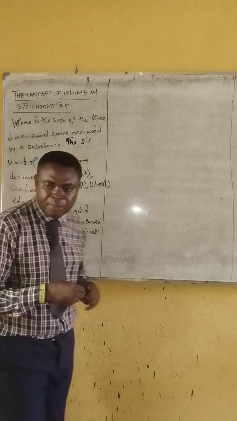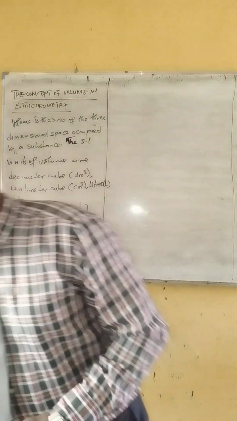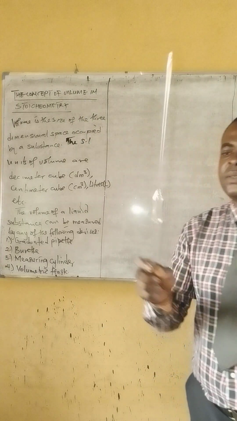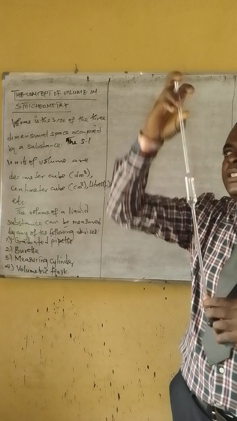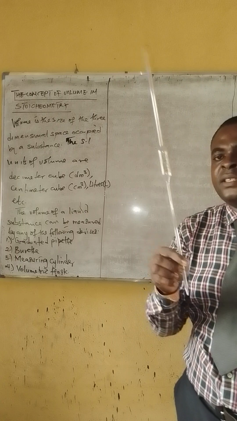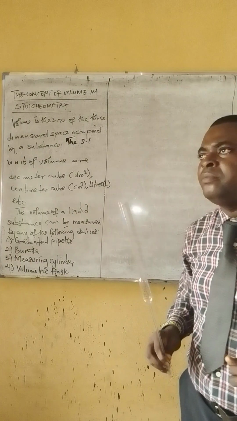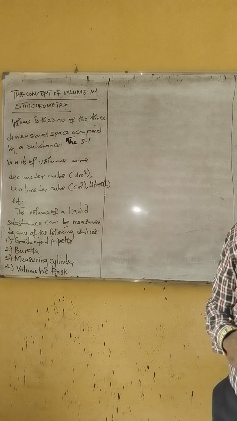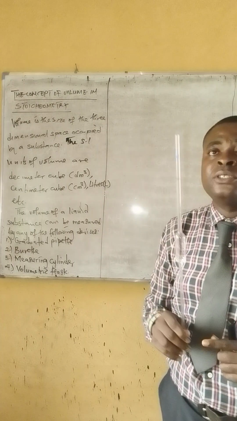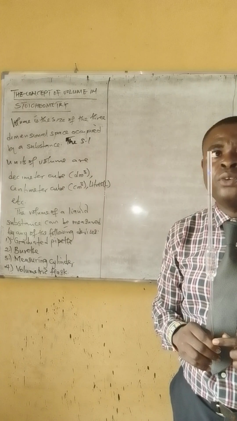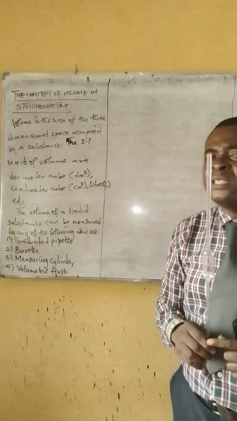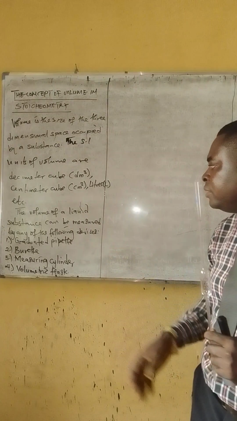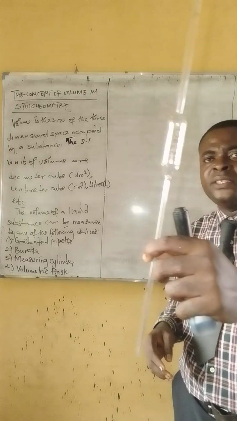Now, let me show you what I'm talking about here. This is a graduated pipette. This year's NECO practical chemistry, they asked them to list two apparatus that can be used to accurately measure 9.0 something centimeter cube of a liquid. So any of these can be. This is a pipette.